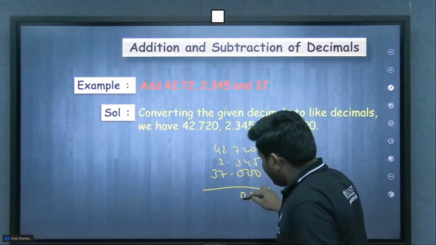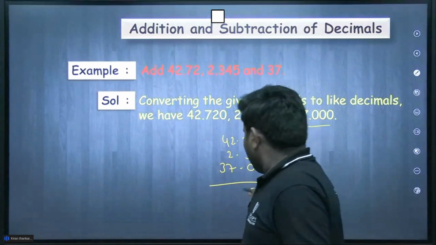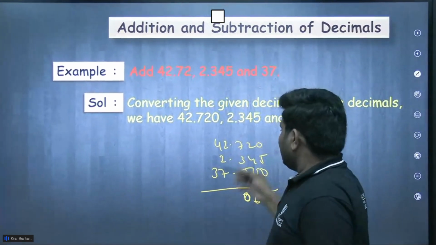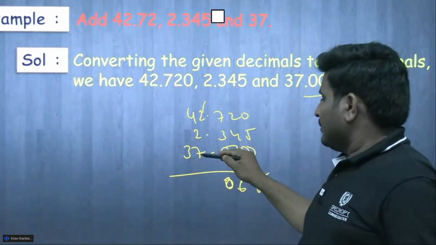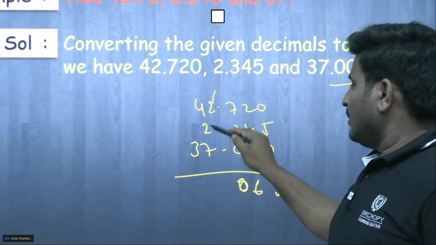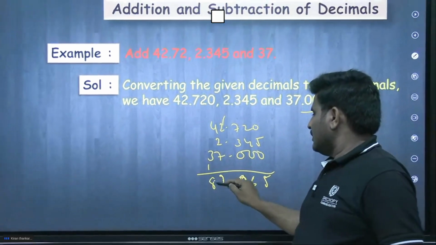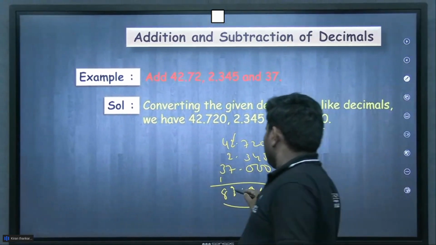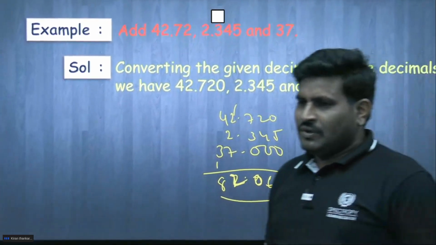When you have 10, you keep the 0 in the decimal place and carry 1 to the units place. So the answer is 82.065. Good.